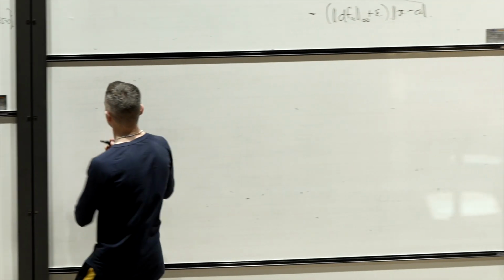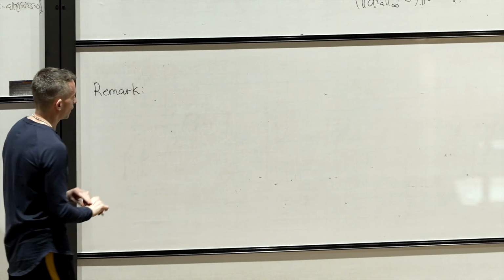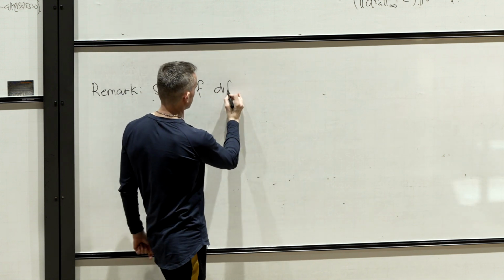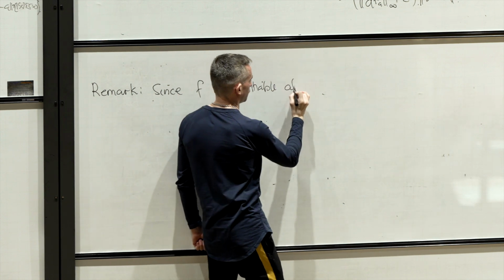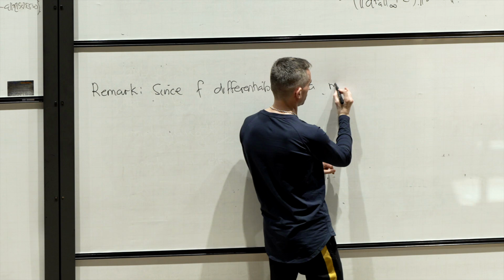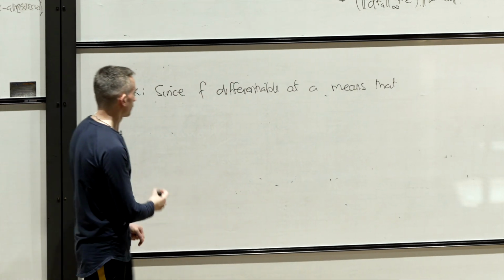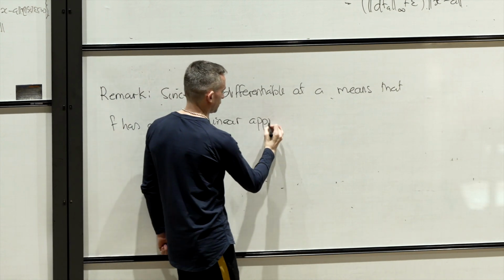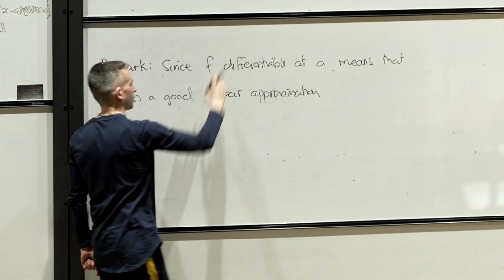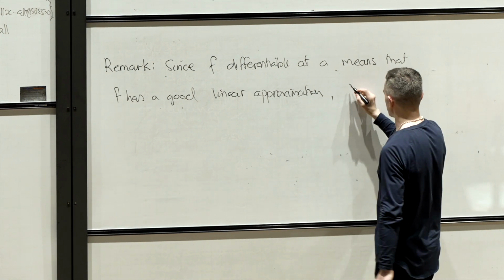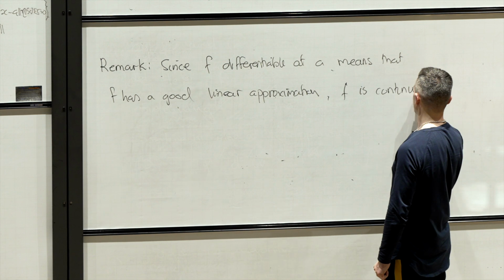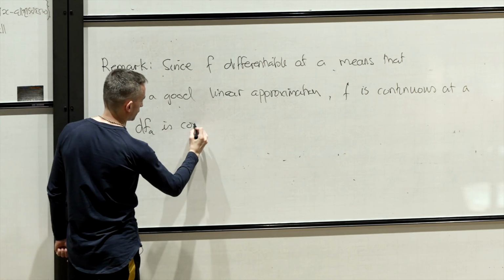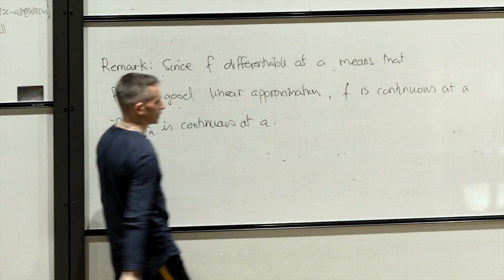And I guess maybe just the thing to note is, since f differentiable at a, roughly speaking, means that f has a good linear approximation, you should expect f is continuous at a if its derivative is continuous at a.